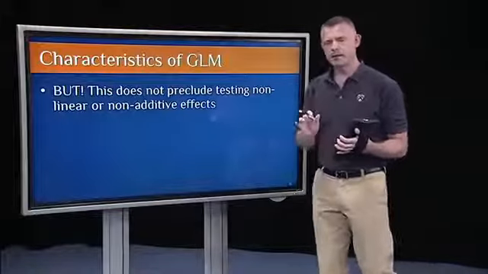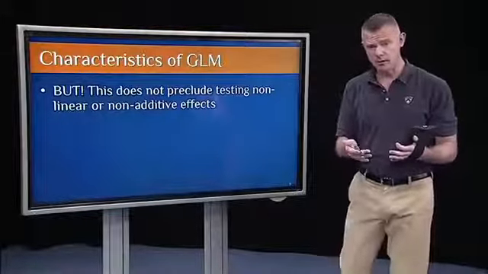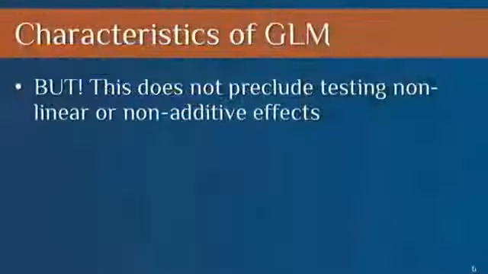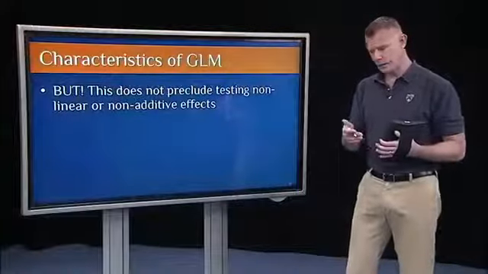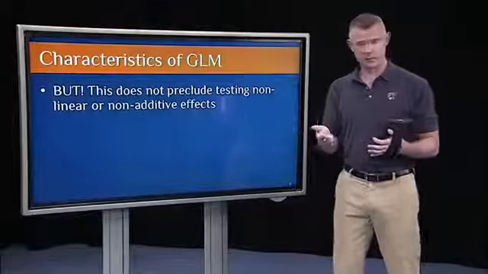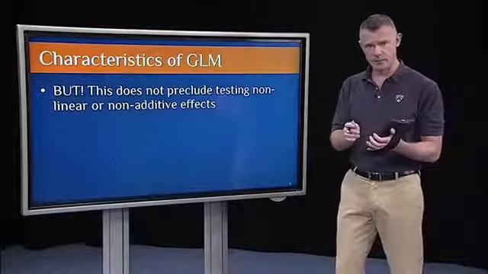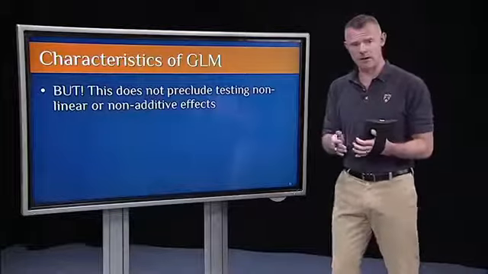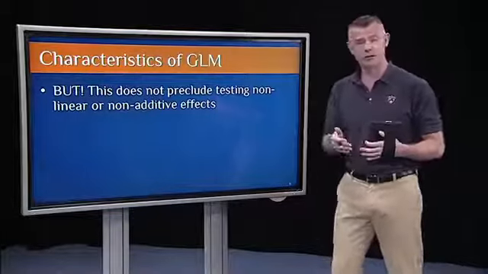But that doesn't mean that the GLM can't handle non-additive or non-linear effects. We can trick the GLM to test those kinds of effects for us. And that's what we're going to do next week when we do moderation, for example. We'll trick the GLM into testing for a non-additive effect or a moderating effect, or in ANOVA we'll call that an interaction.